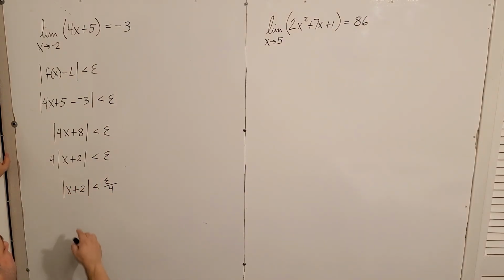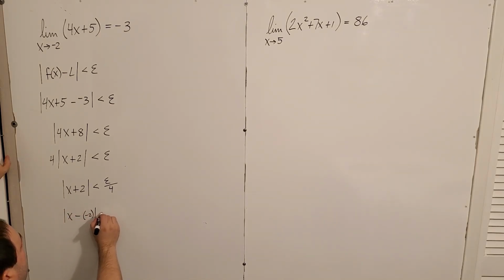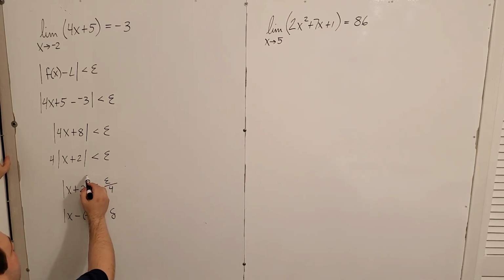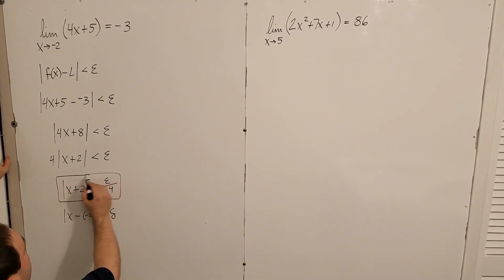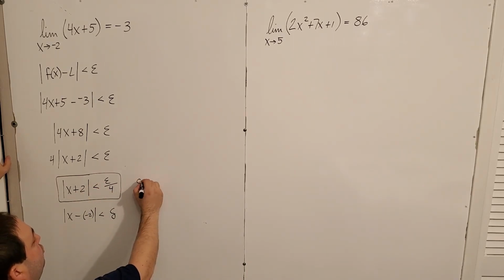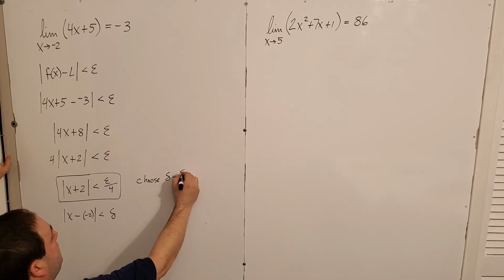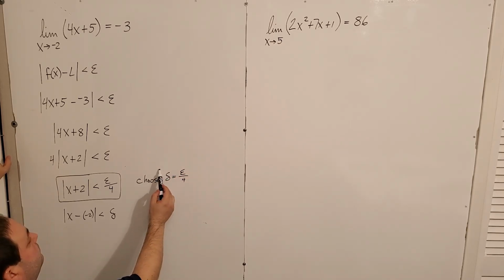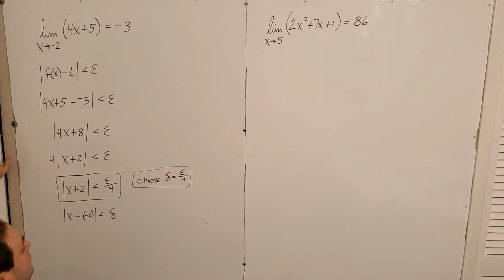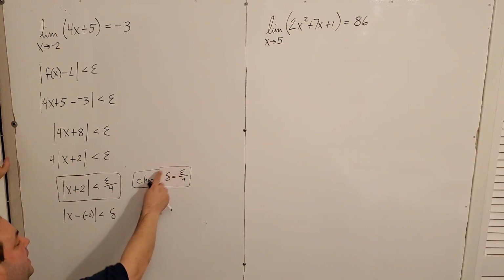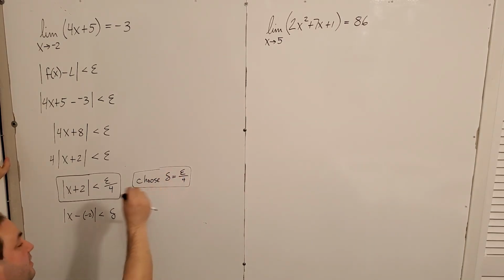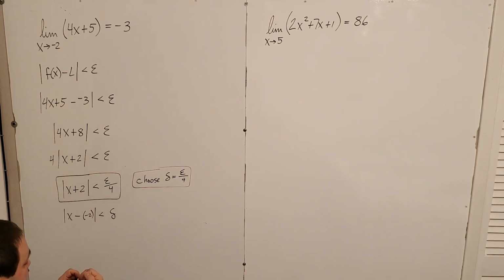So notice what I'm getting here is x minus negative 2 is less than some delta. This is the statement that I want right here. And I'm going to choose delta to be epsilon divided by 4. Okay? And if I make this choice right here, then for every epsilon, notice that it's perfect.